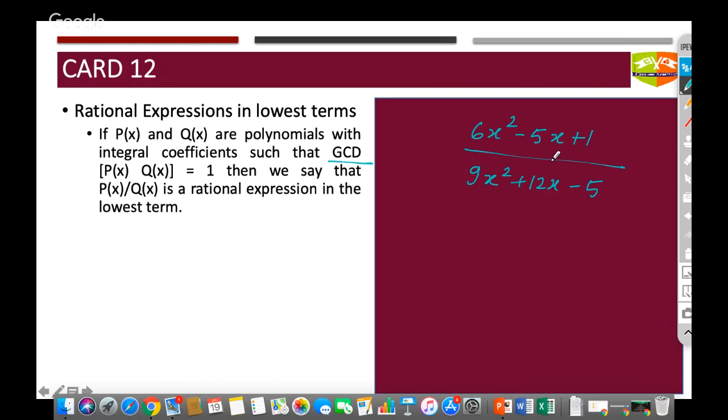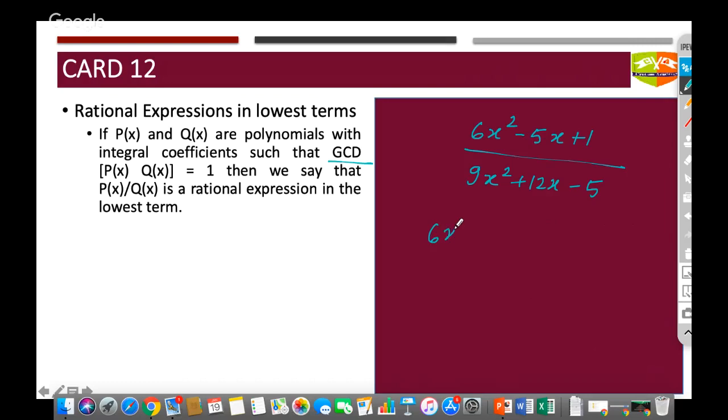Here both numerator and denominator are quadratic expressions. So what we need to do over here is factorize the quadratic expression in both numerator and denominator. So let me do that for you.